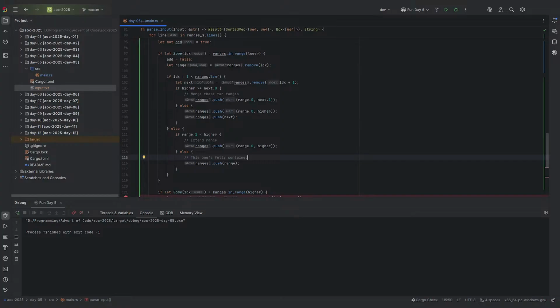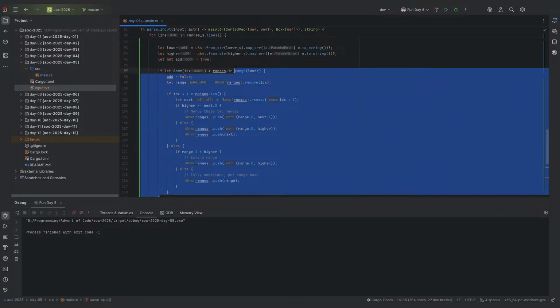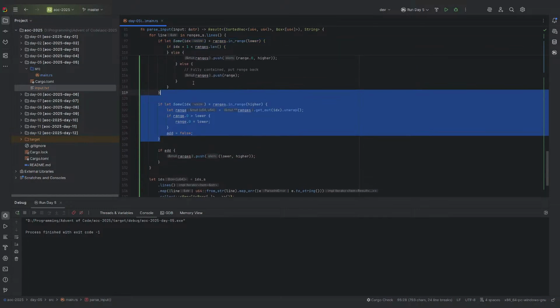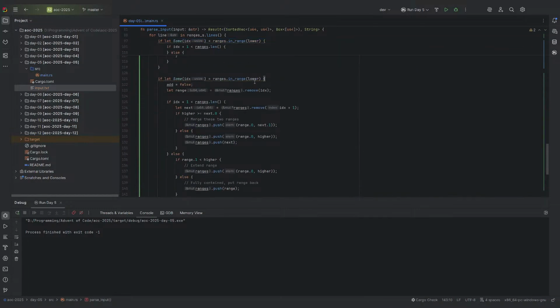Okay, so in this case, the lower bound is contained. Now then, let's check for the lower bound. I think if I repeat this for the higher bound, but reversed, it should be fine.